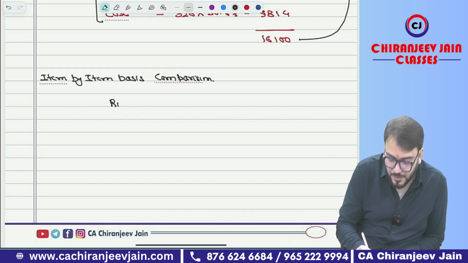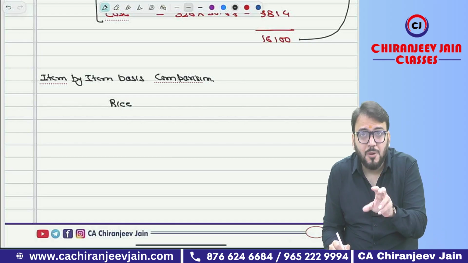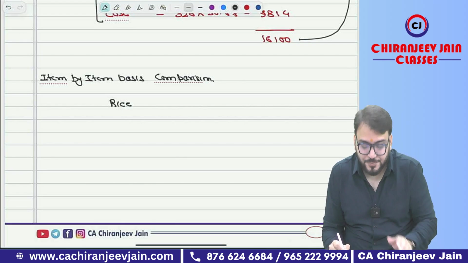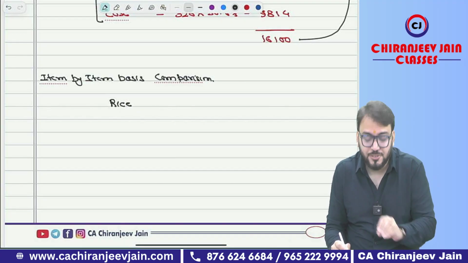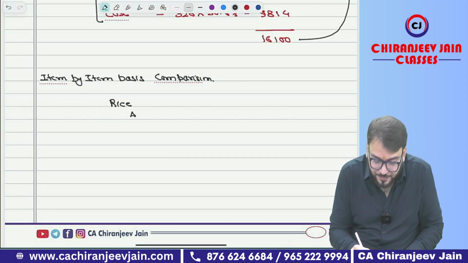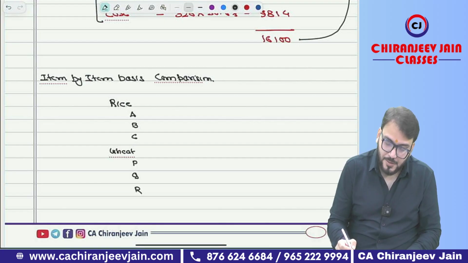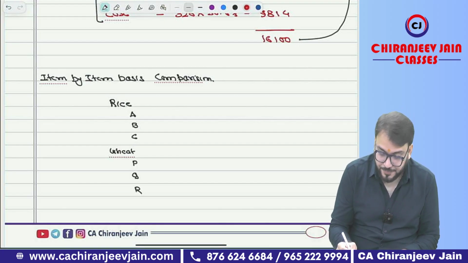Suppose we have one type of inventory, rice, and we deal in rice. But in rice there may be different items based on quality, correct? So rice A, B, C, and we also deal in wheat, and we have P, Q, R. Got this point? Have you understood? Yes, sir.